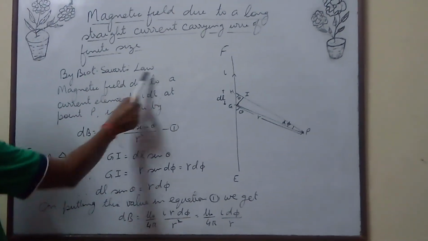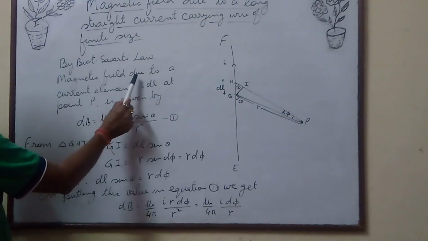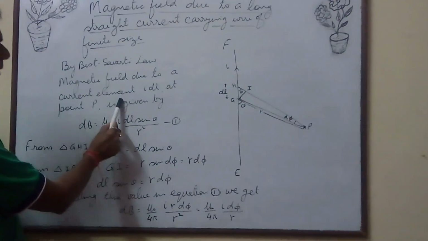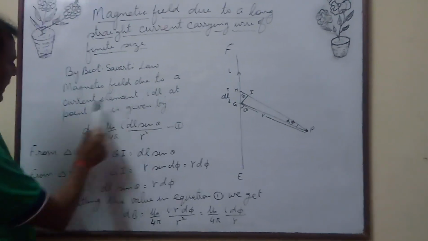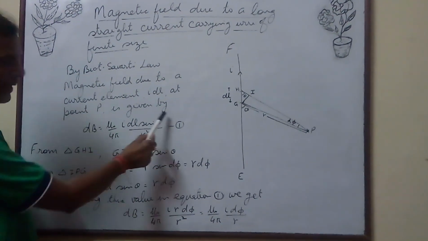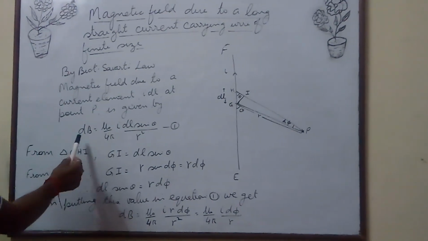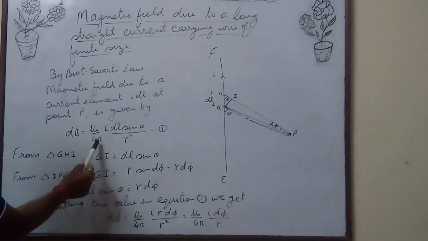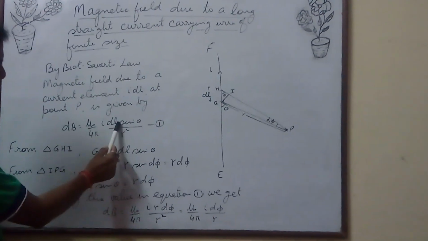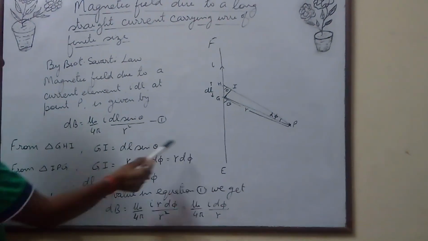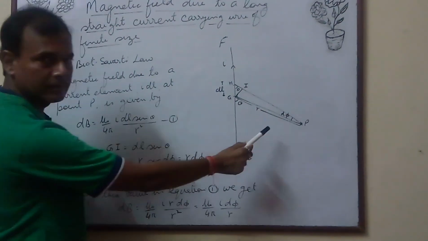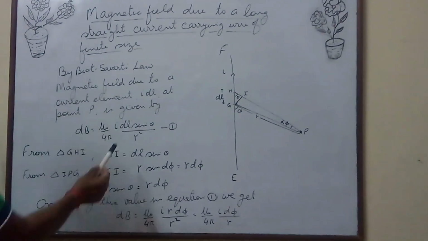By Biot-Savart's law, magnetic field due to a current element I dl at any point P is given by, we have seen in the lab that dB is equal to mu naught upon 4 pi I dl sin theta upon r square. This is r. This we have seen, this is the Biot-Savart law.